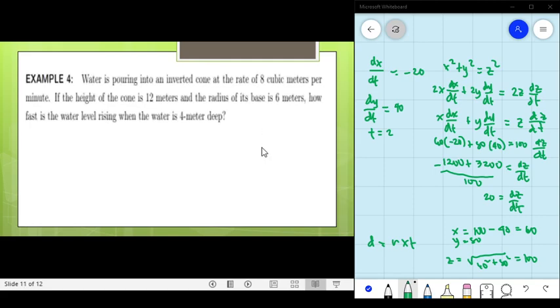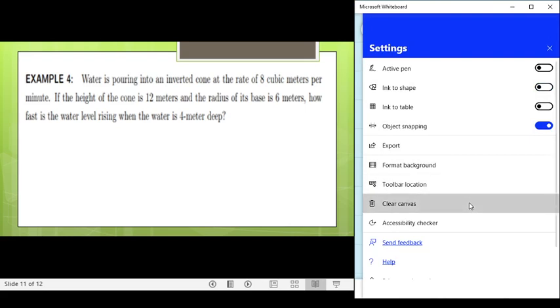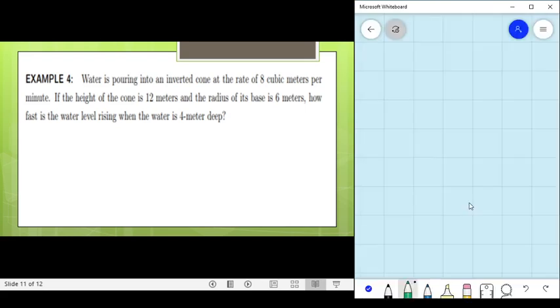Example number 4. Water is pouring in an inverted cone at a rate of 8 cubic meters per minute. If the height of the cone is 12 meters and the radius of its base is 6 meters, how fast is the water level rising when the water is 4 meters deep?